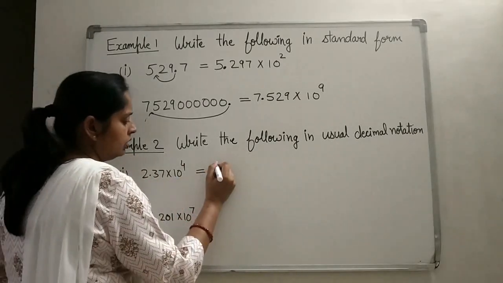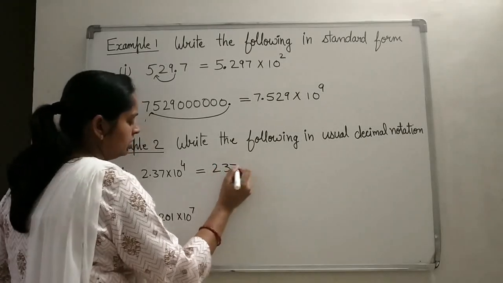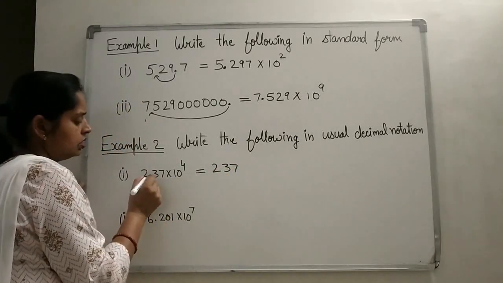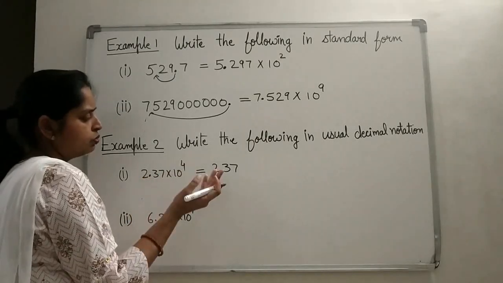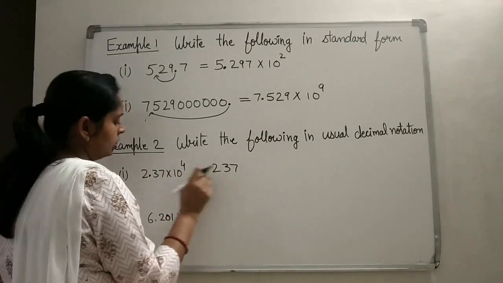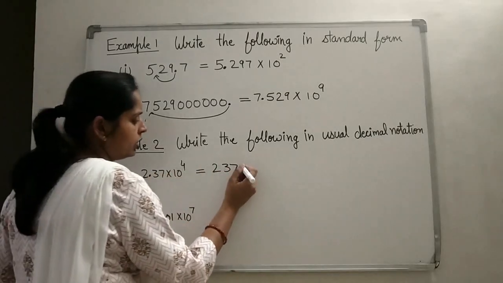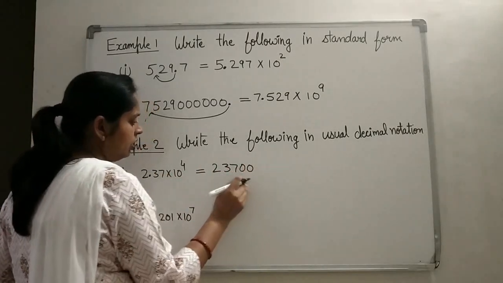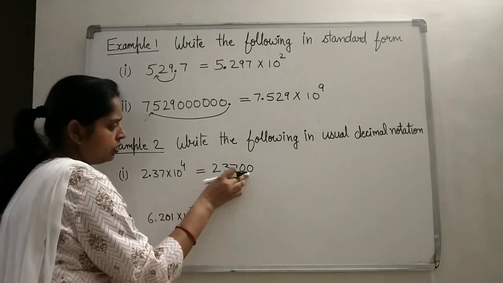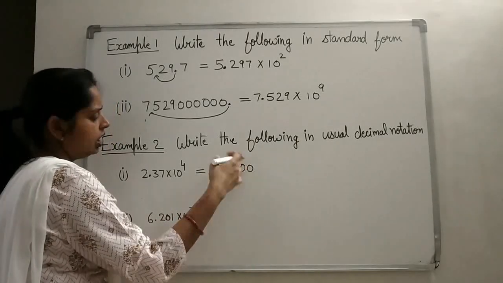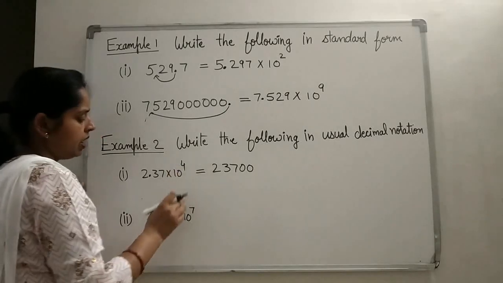We have 237, and the decimal is here. We have already moved 2 places, but the power is 4, so we have to move 4 places, and there is no number over there, so I have to add 0 there. Now the decimal has moved 4 places to the right hand side, because the power is 4.